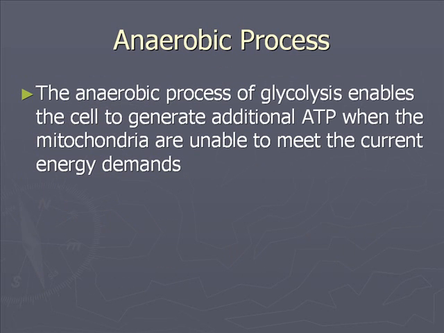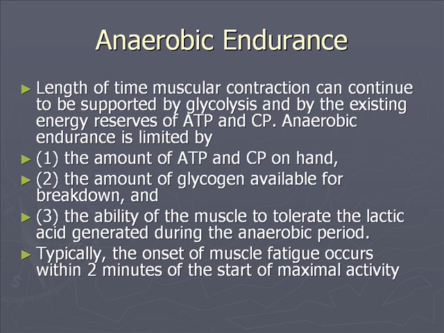Now, the anaerobic process of glycolysis enables cells to generate additional ATP when mitochondria are unable to meet current needs. Even though glycolysis doesn't produce much ATP, and even though it's an anaerobic process, sometimes it's just that little amount of energy produced in this anaerobic process that can sustain the body for a short period of time.